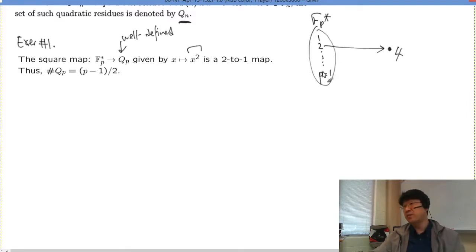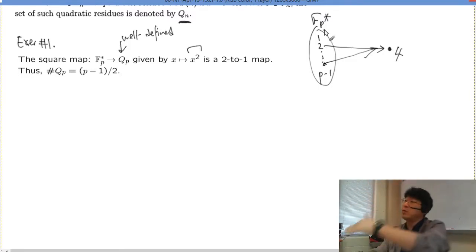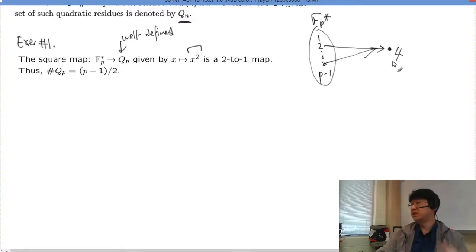But there's another element that's going to go to 4. So 2 distinct elements go to 4. And there's nothing else. Only 2 elements will go to 1. That is called a 2-to-1 map. If only one element went to 1, that's a 1-to-1 map, right? So for every element in here, there will be 2 distinct elements. That's a 2-to-1 map.